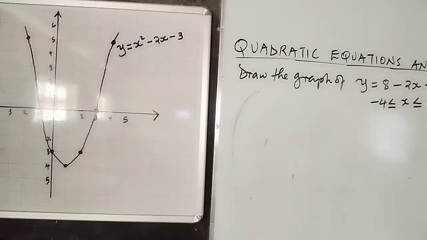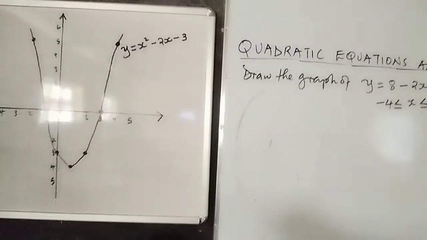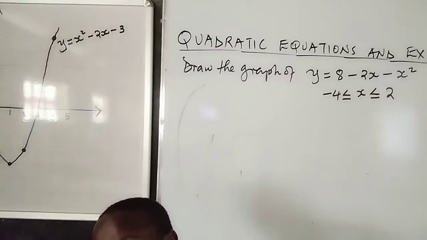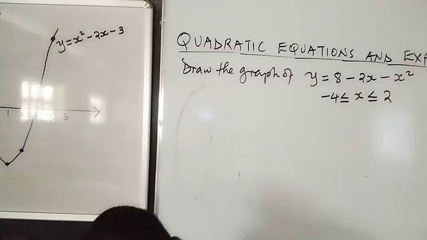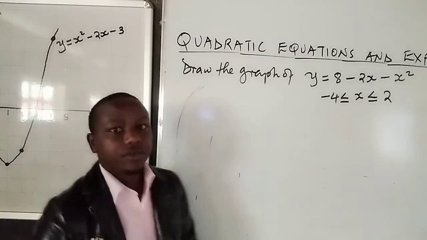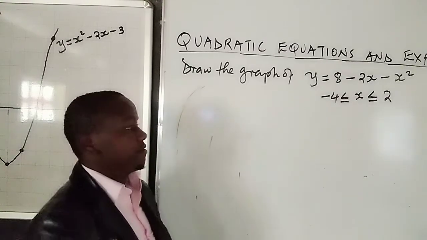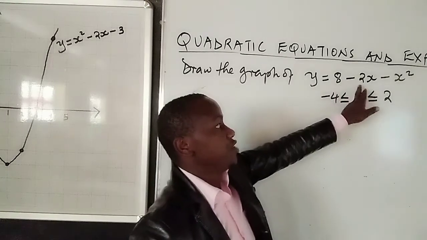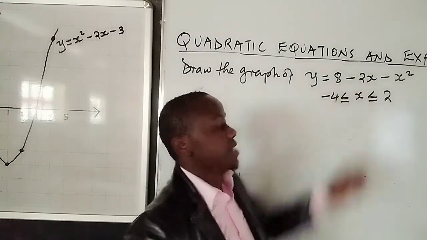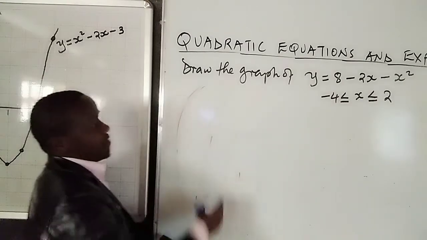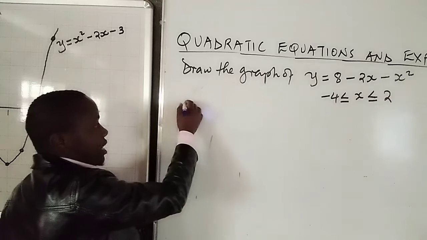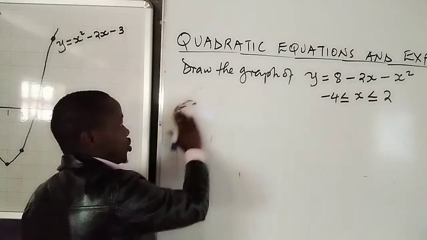Draw the graph of the function. So the given function is here. Draw the graph of the function y is equal to 8 minus 2x minus x squared, for the values of x between negative 4 and positive 2. Therefore, we'll draw a graph. Solution.